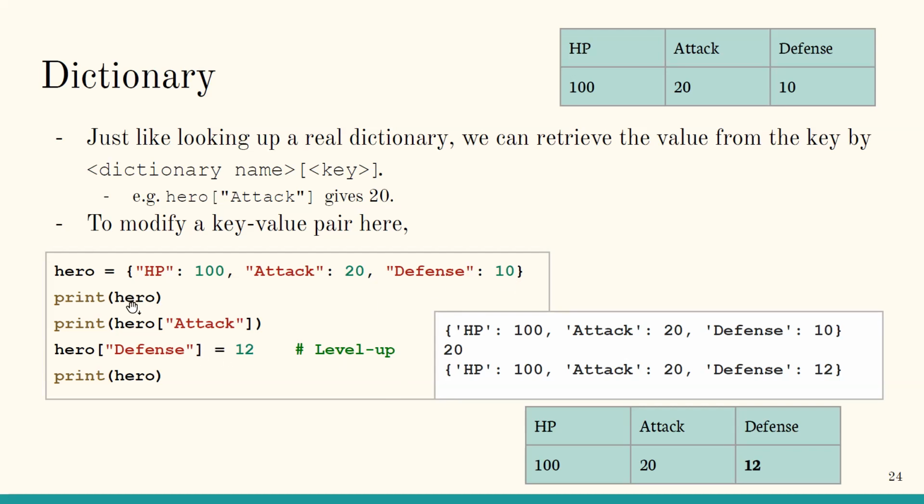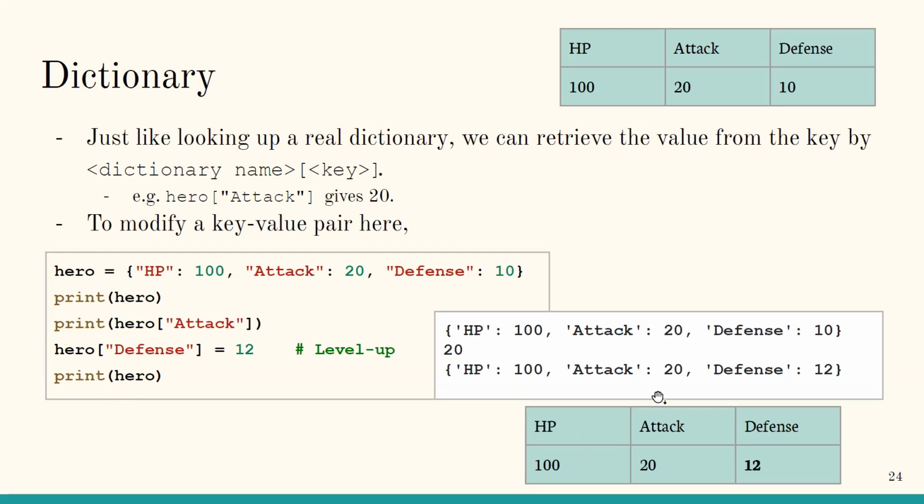So you can print the whole dictionary, the first print, and the second print is to just print the number for the attack property. So you're printing just 20, and then you reassign the defense in here to 12.